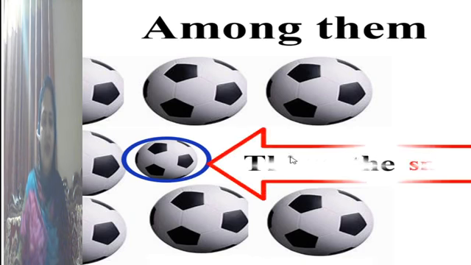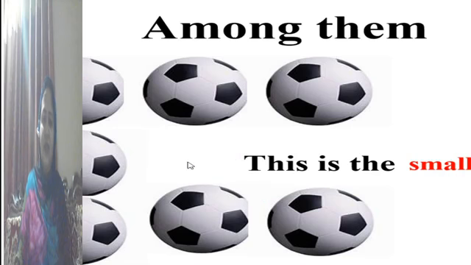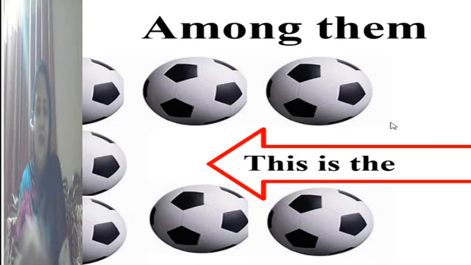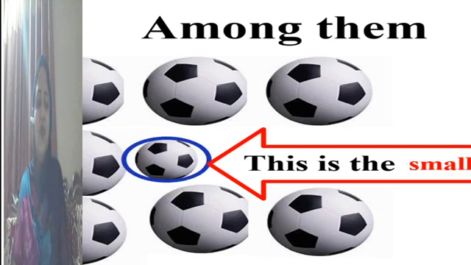So there is another comparison. This is the smallest among all. In the previous picture we compared between two pictures, but in this present picture, we compare this one among the 7 footballs. So this one is actually the smallest.